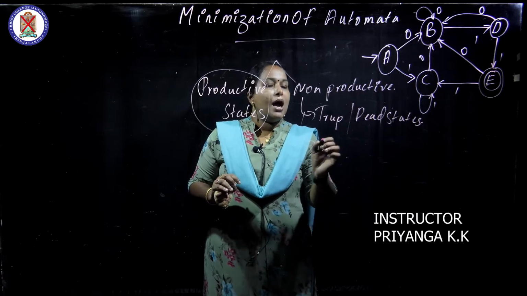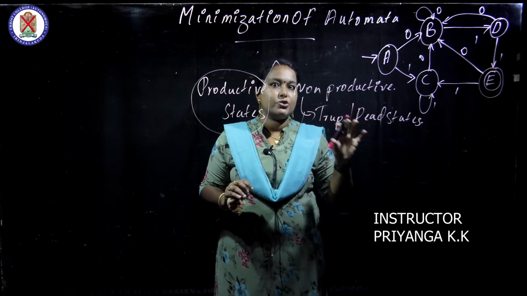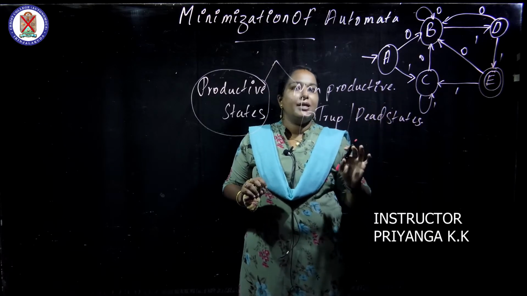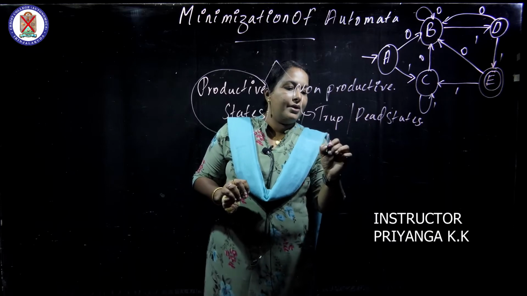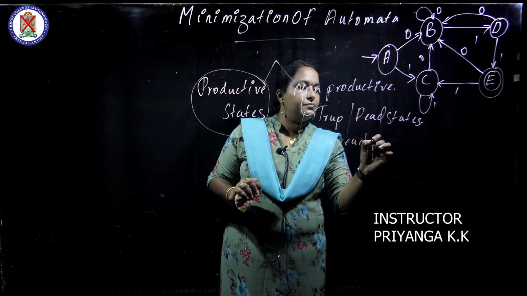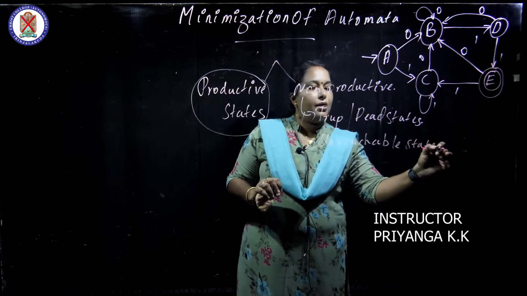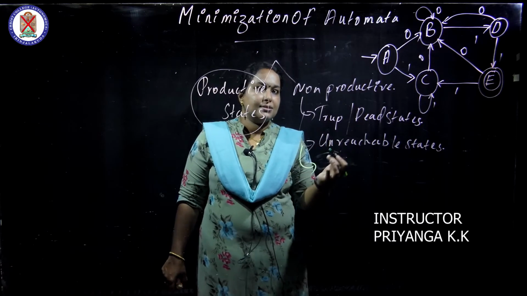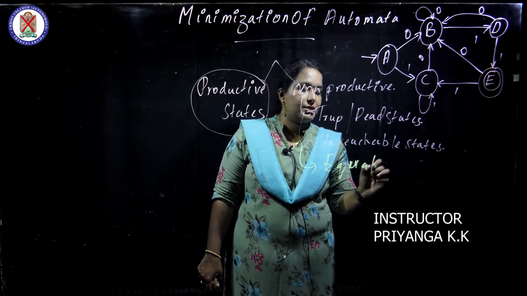Next, unreachable state. And next one is the equal states. So these are the non-productive states.